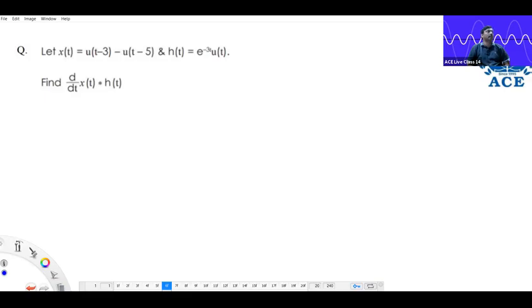First, everyone draw the graph of x of t, then differentiate it. It is a rectangular pulse which covers from 3 to 5.